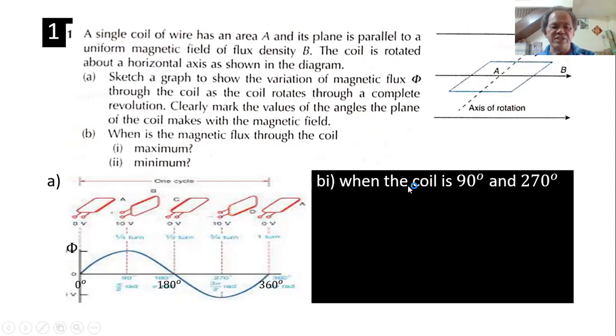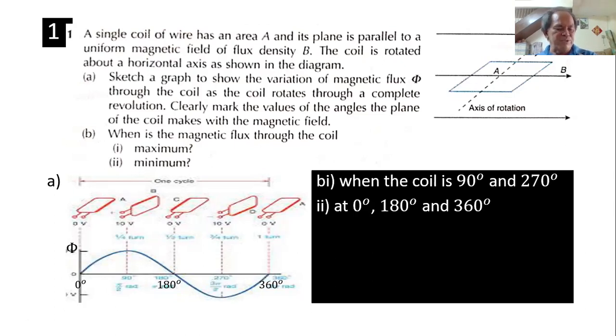Right? Minimum, usually you think of it as 0 rather than think of it as negative. So it is 0 at 0 degrees, 180 degrees, and 360 degrees, and maximum at 90 degrees, and here. Here it is sometimes not called minimum.